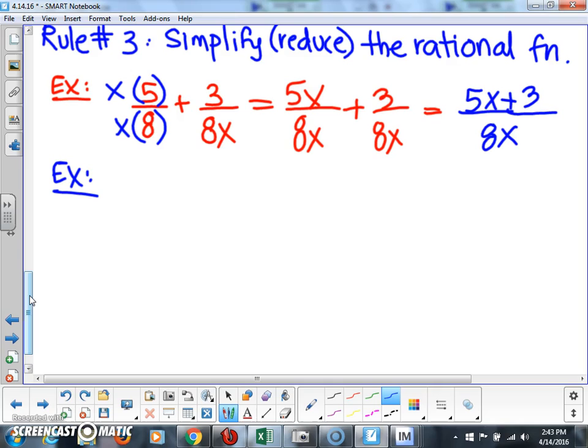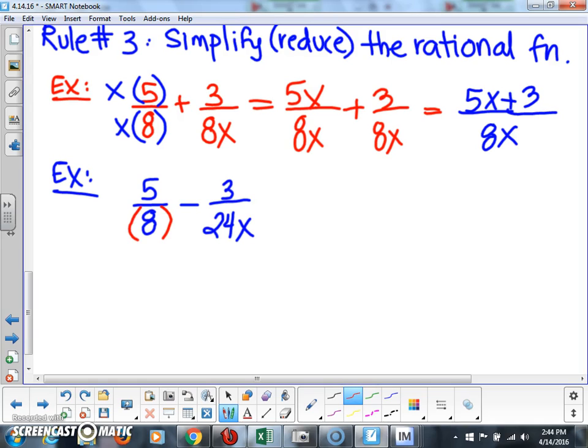Okay, now let's do this again. 5/8 minus 3 over 24x. Are the denominators the same? No. So how do I get the denominators the same? Good.